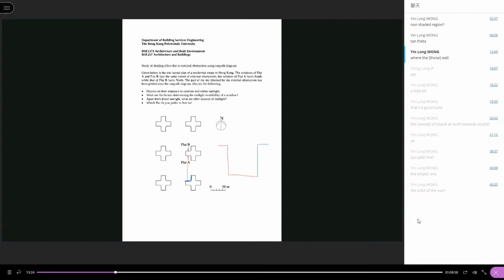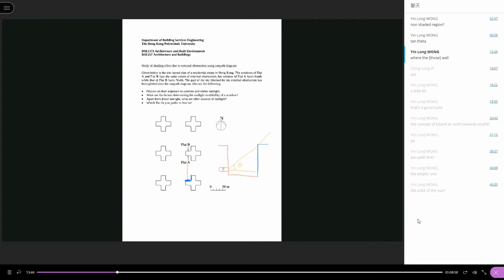This wall will be this wall, and flat A will be over here. This is flat A. So now I can calculate the angle theta.